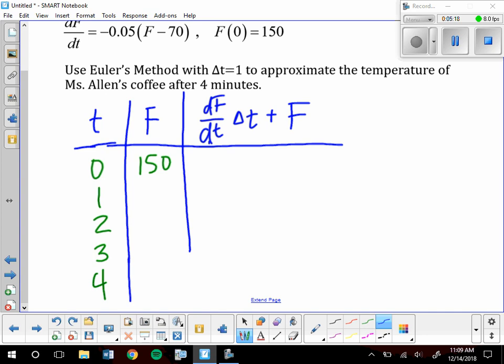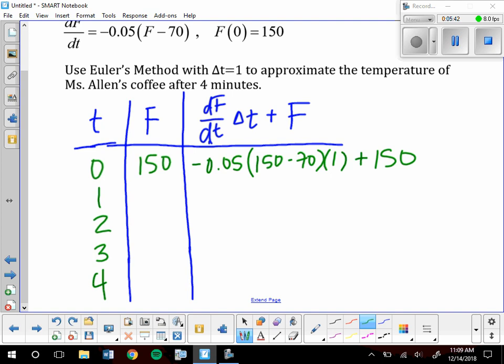To find my next temperature value at time 1, I can approximate it by using my slope, negative 0.05 times (F minus 70), where F is 150, times my step size of 1, plus my original value. And using a calculator, I can see that that is 146. That makes sense. It dropped about 4 degrees Fahrenheit in the first minute.